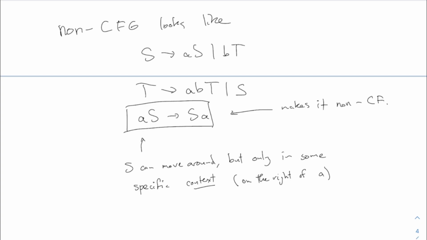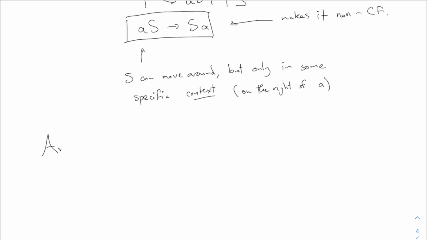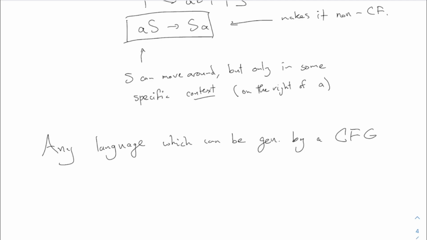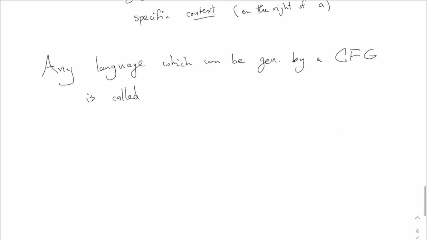Another simple bit of terminology here: there's a name for a language which can be generated by a context-free grammar. The language of an NFA or whatever is called a regular language. Any language which can be generated by a context-free grammar is called, naturally, a context-free language.